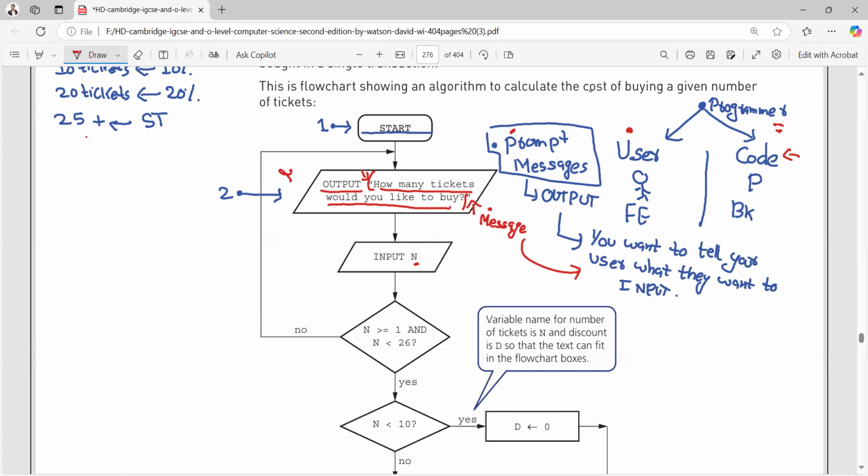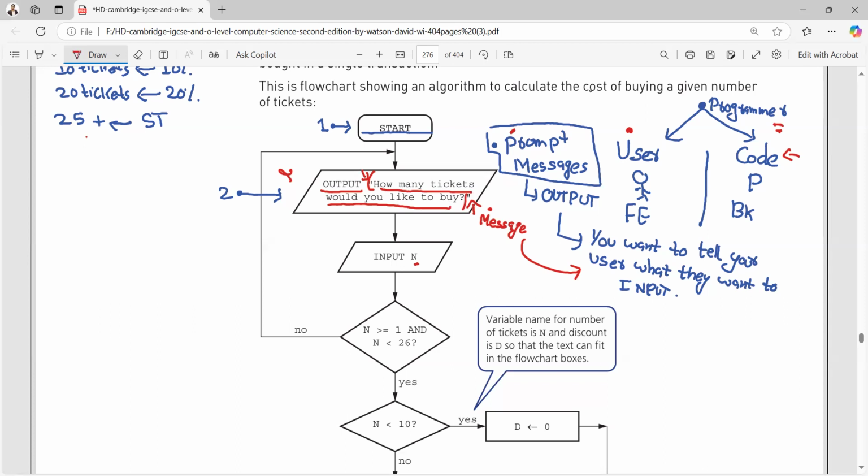And what if I do not give any prompt or message? Then obviously they won't be able to know what to input. Even if you give the command for input but do not output anything, how would you tell your computer?